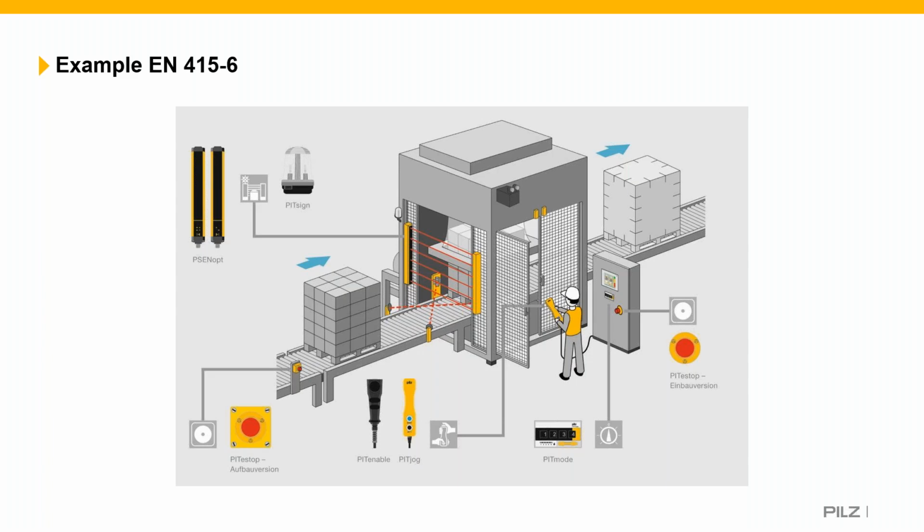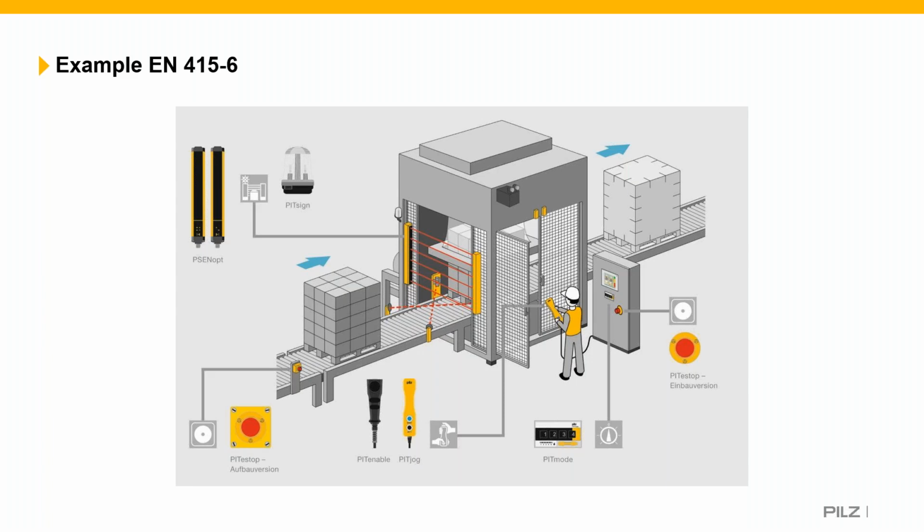They'd come along with their key, insert that into the PIT mode unit, select the correct mode of operation via the keypad, and if their key has the correct permissions on it, then it would allow them to open the door and use, in this case, it may be a jog or an enabling switch to run the machine at a slower speed, but they can view it safely.